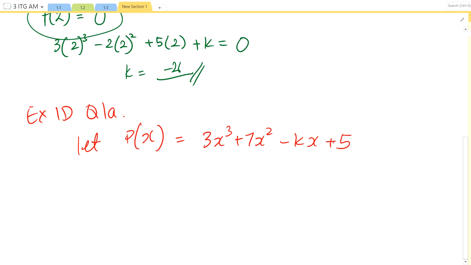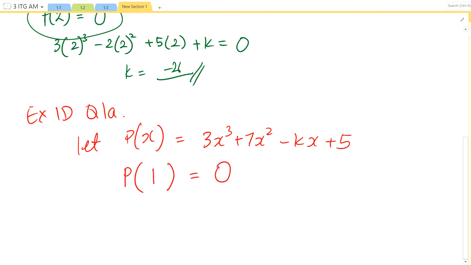Then they tell you that x minus 1 is a factor. What is the remainder? 0. So if I use my remainder theorem, this is what I'll write. P of, what do I substitute for x? Yeah, I substitute 1. I expect the remainder to be 0.